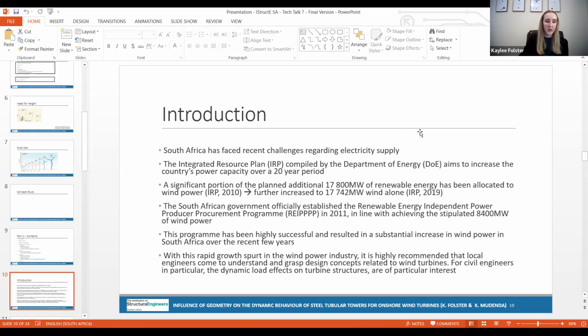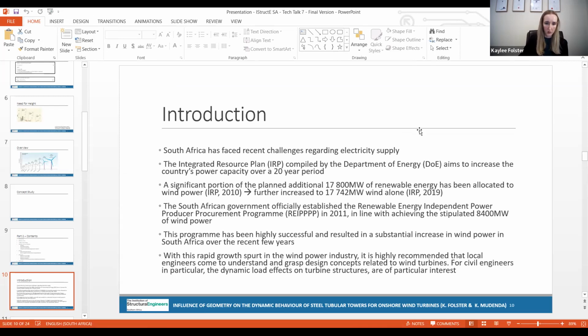But the government has put in place an integrated resource plan, which they do for a 20-year period. This plan essentially aims to increase the country's power capacity, and within that plan, a significant portion is allocated to renewable energy, of which wind power forms a part.